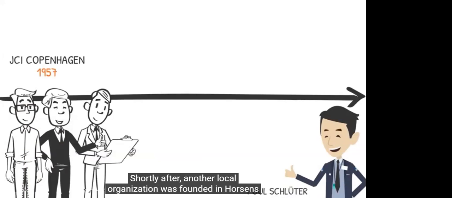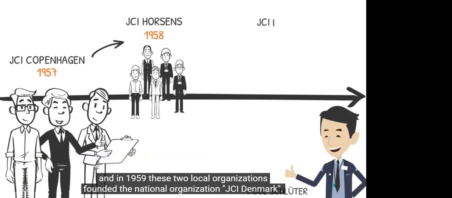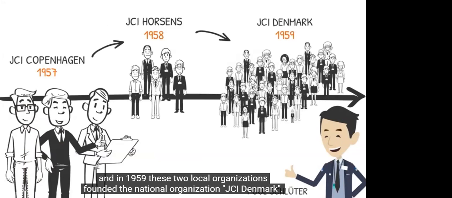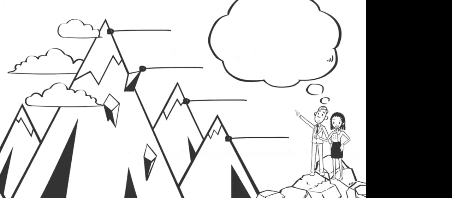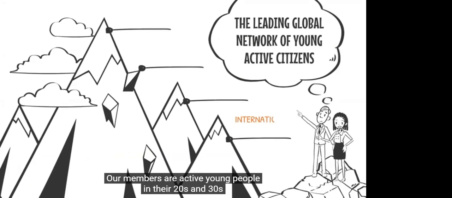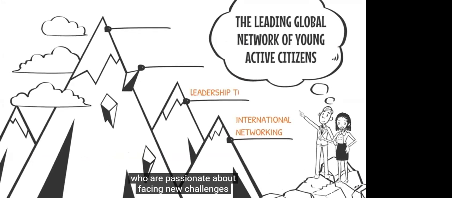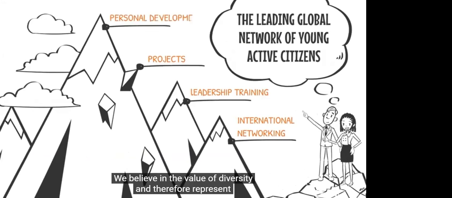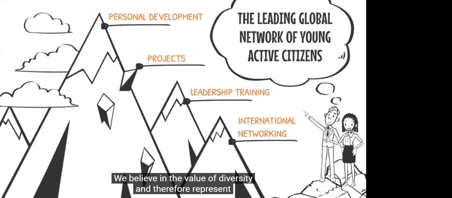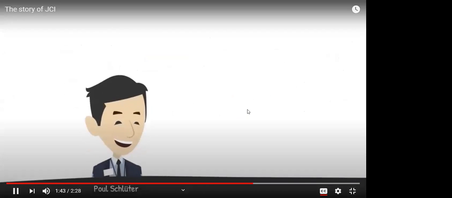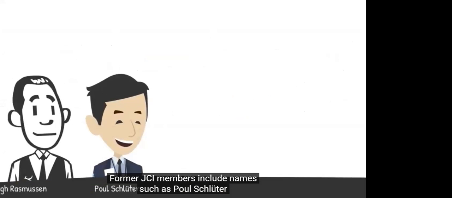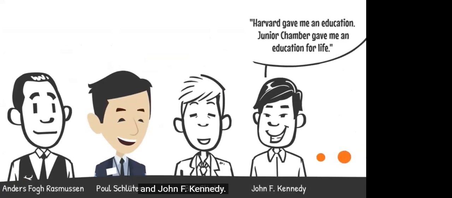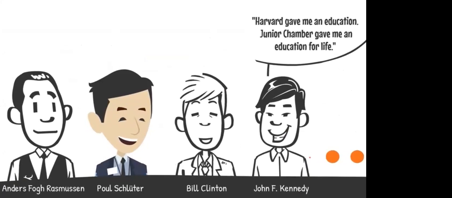Shortly after, another local organization was founded in Horsens, and in 1959, these two local organizations founded the national organization JCI Denmark. Our members are active young people in their 20s and 30s who are passionate about facing new challenges and developing themselves and others. We believe in the value of diversity and therefore represent many different industries and both sexes. Former JCI members include names such as Poul Schlüter and Anders Fogh Rasmussen, as well as Bill Clinton and John F. Kennedy.